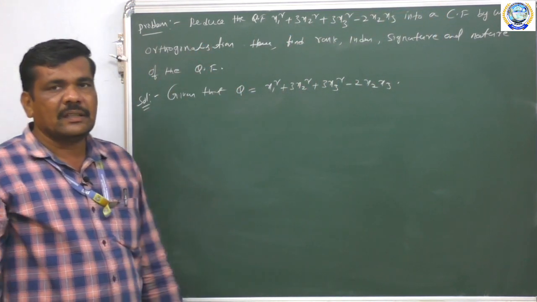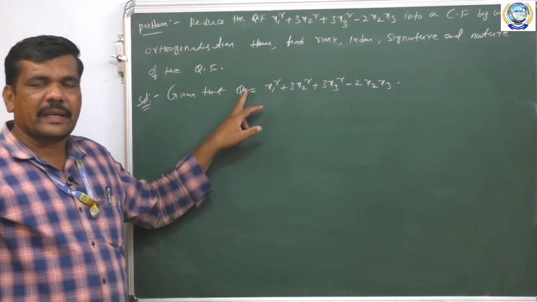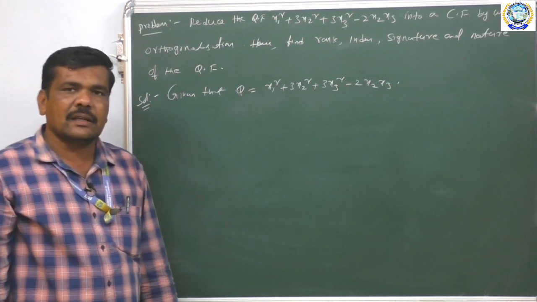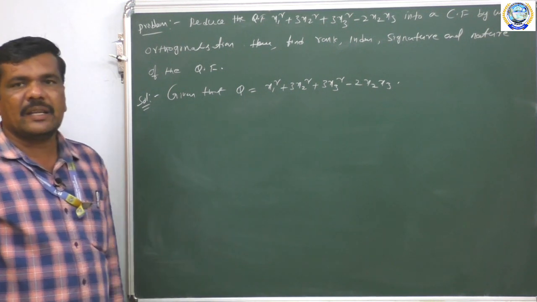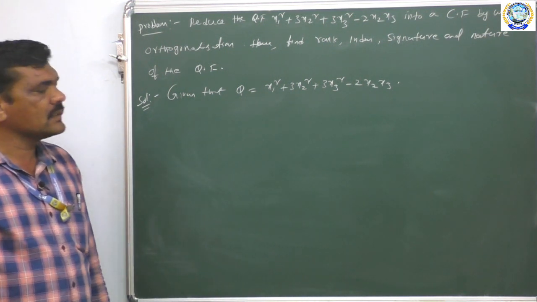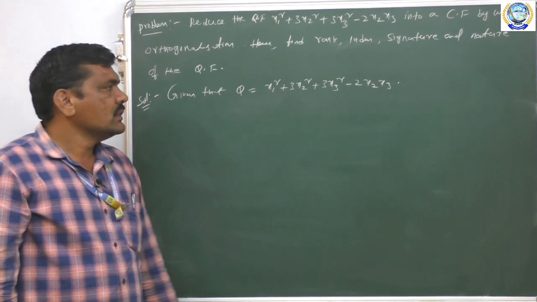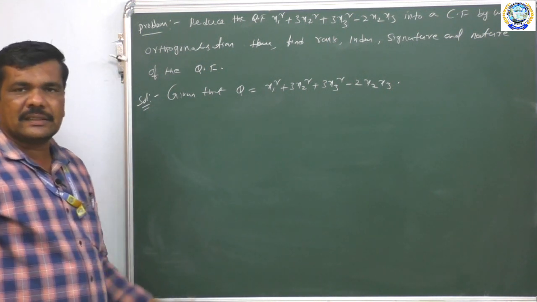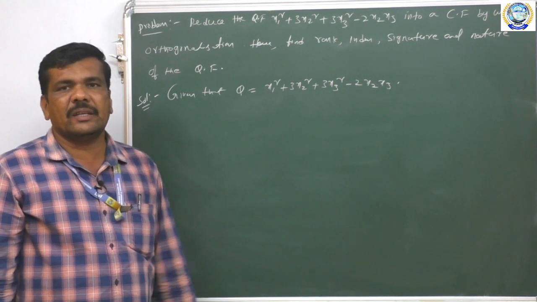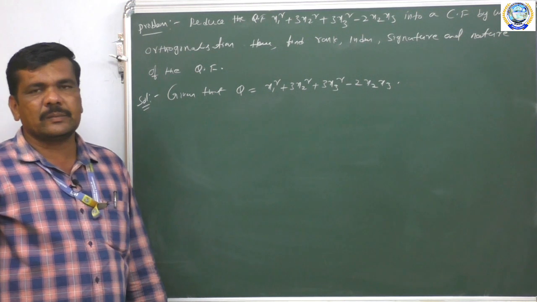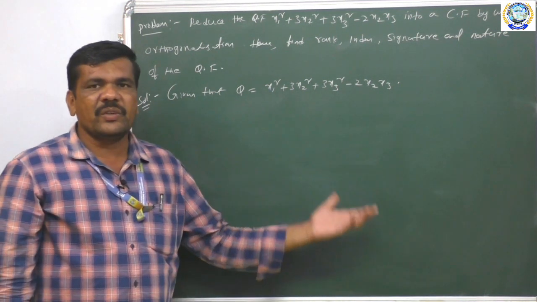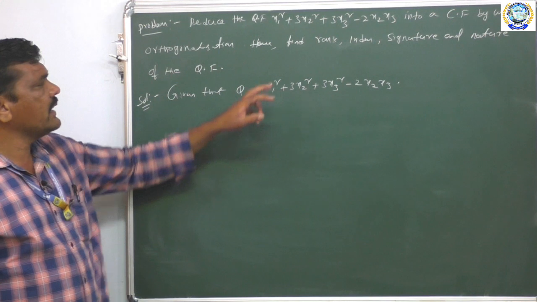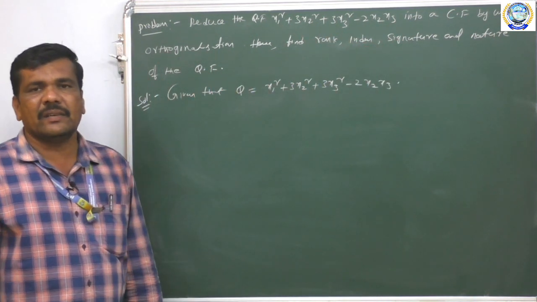In this method, first to find the symmetric matrix A of order 3 of the given quadratic form Q. Next to find the eigenvalues and corresponding eigenvectors of the symmetric matrix A, and to verify that the eigenvectors are mutually orthogonal, and then we write the normalized model matrix P, and also that P is an orthogonal matrix, that is P inverse is P transpose, and then we verify that P inverse AP, that is P transpose AP, equal to D. From this D we get the required canonical form Y transpose DY, and from this canonical form we get the rank, index, signature and nature of the given quadratic form Q.